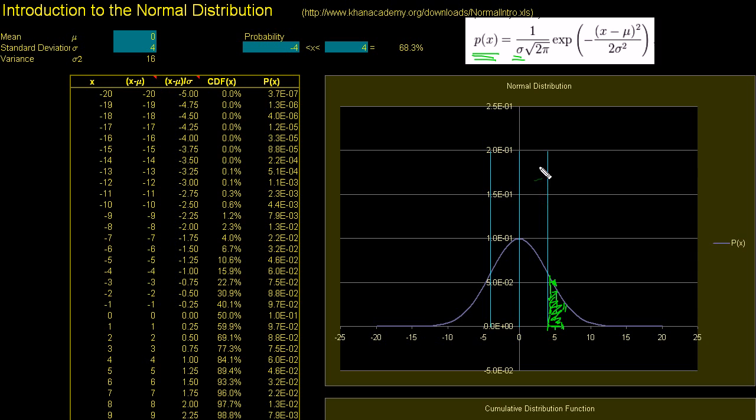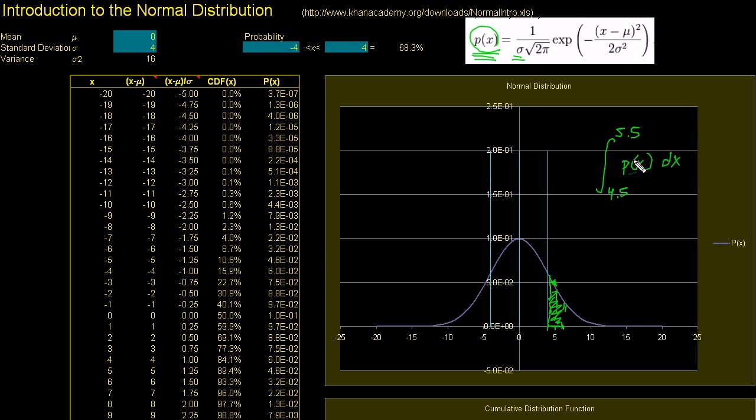And for those of you who know calculus, if P of x is our probability density function, it doesn't have to be a normal distribution, although it often is. The way you figure out the probability of, let's say, between 4.5 and 5.5, the odds of me getting between 4.5 and 5.5 inches of rain tomorrow, is the integral from 4.5 to 5.5 of this probability density function, dx.